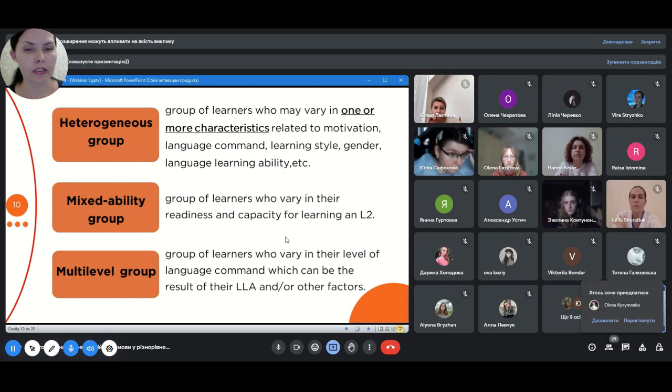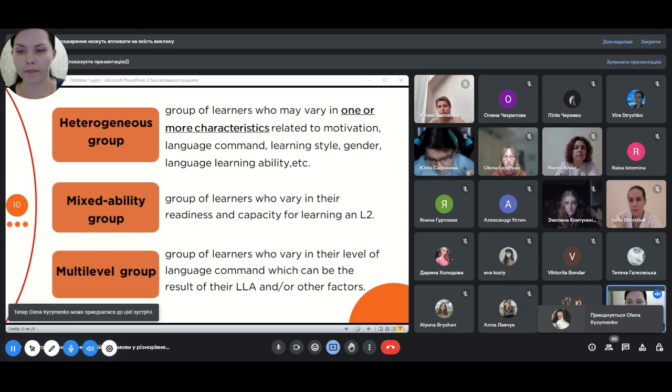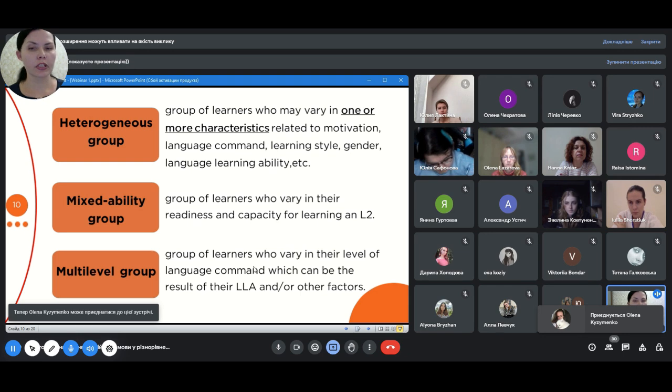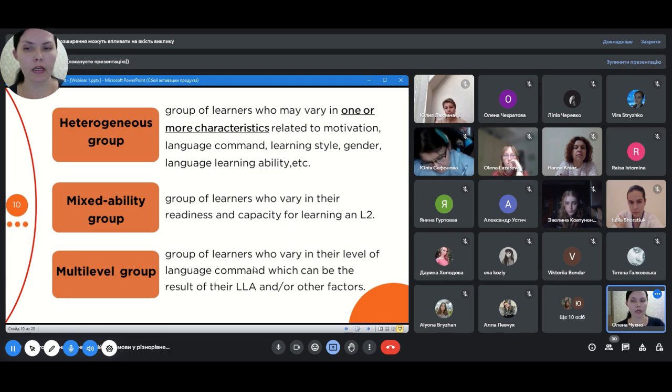That is a group of learners who vary in their level of language command, which can be the result of their aptitude and or other factors. So I would say that multi-level group, that is the narrowest term out of these three.